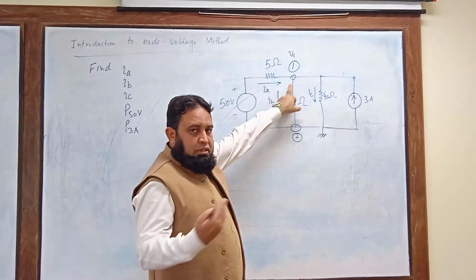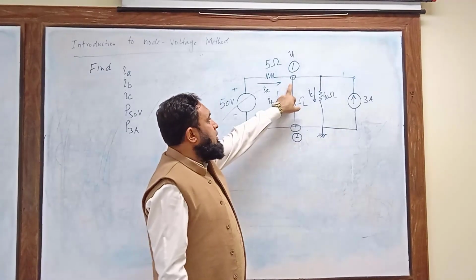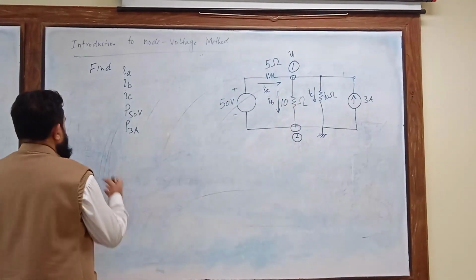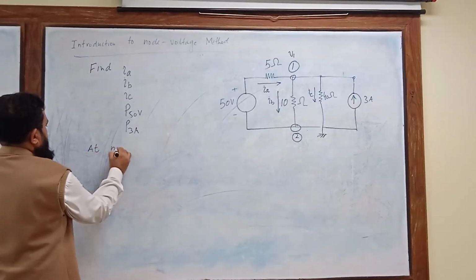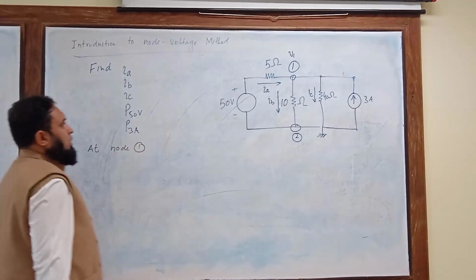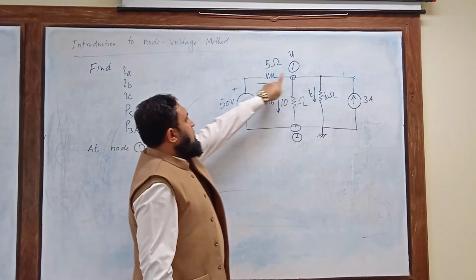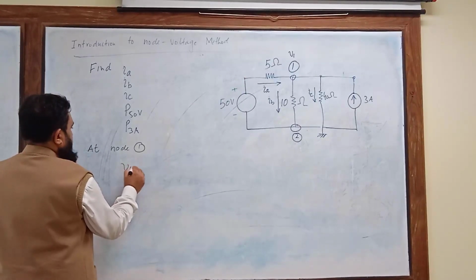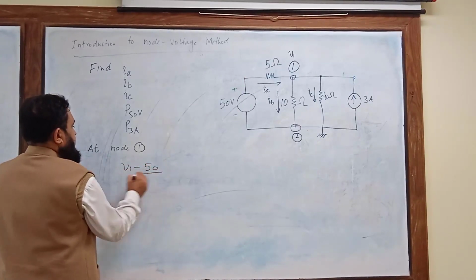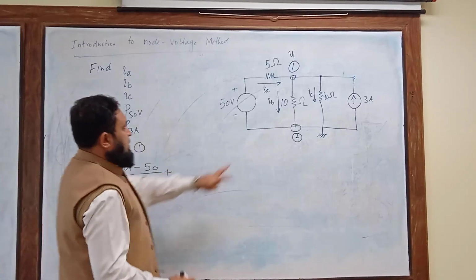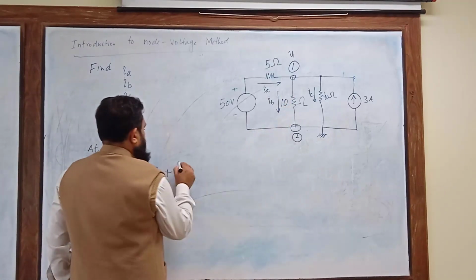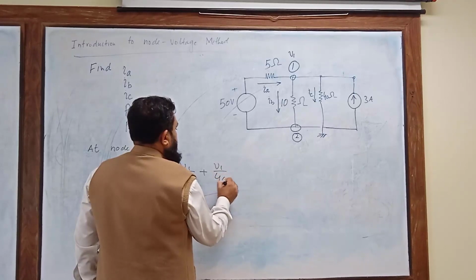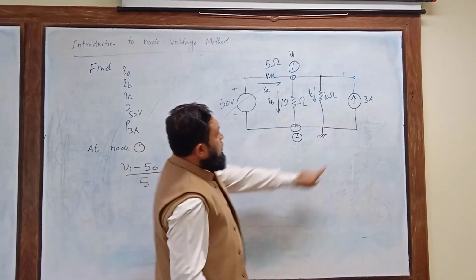Applying KCL, with exactly the same argument, at node number 1, we can write V1 minus 50 divided by 5 ohm resistance, plus V1 divided by 10, and V1 divided by 40, is equal to, now look at this.